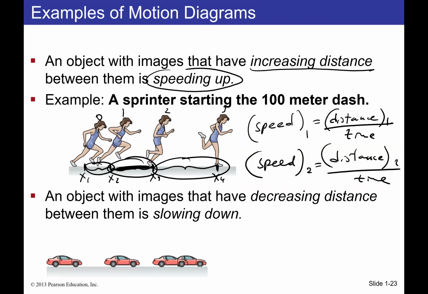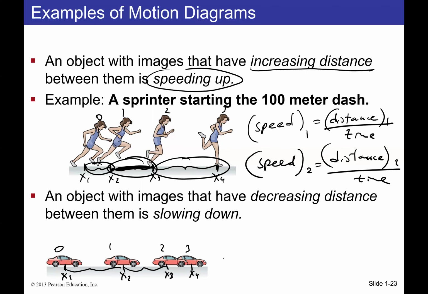All right, so if the object is speeding up, that means the speed increases and the distance between time intervals also increases. But here's another example. Let's say this is x1, this is x2, this is x3, and this is x4. In this case, again, 0, 1, 2, 3, we can see the opposite happening.